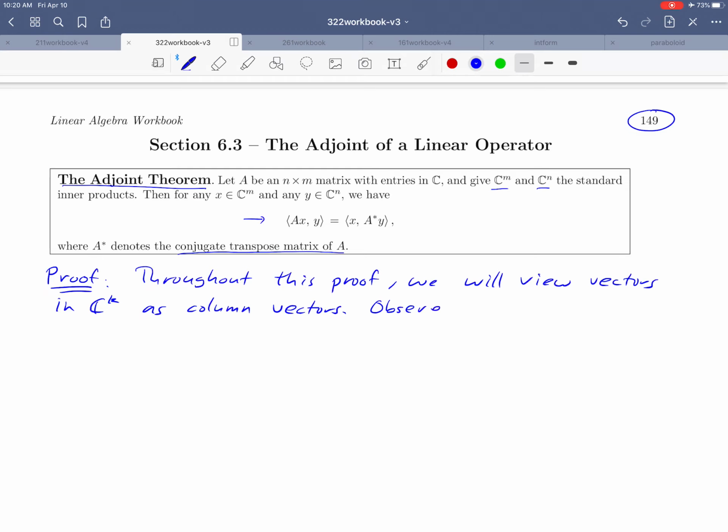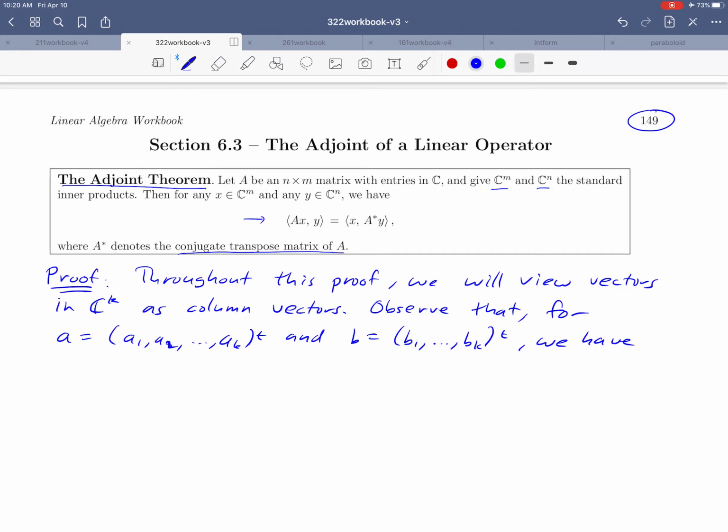And we're going to start by just choosing a couple of arbitrary vectors. I'm going to call them a and b. So a is going to be the vector that looks like (a1, a2, up to ak) transposed, and b, similarly, (b1 up to bk) transposed.